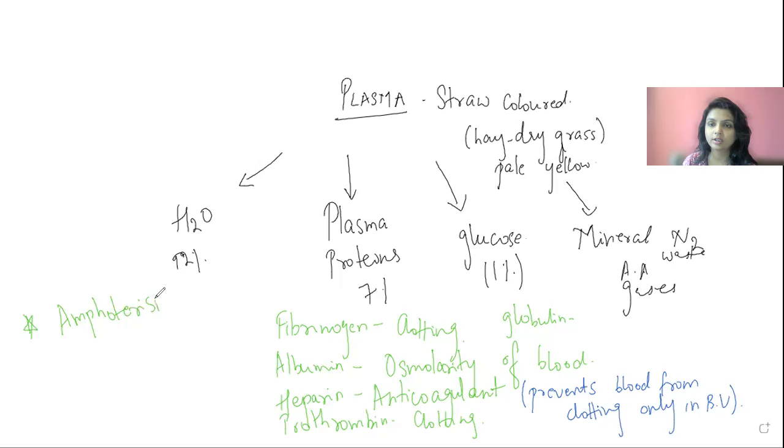I'm sure you've heard this word in chemistry. Amphoterism means it will be able to react both as a base as well as an acid. So it acts as buffers, basically maintaining the concentration of blood and reacting as both acid and base.